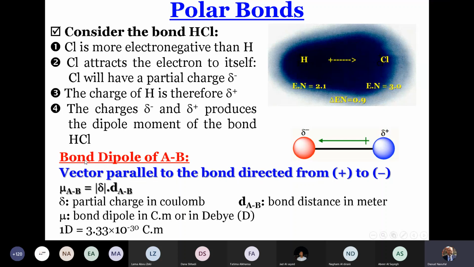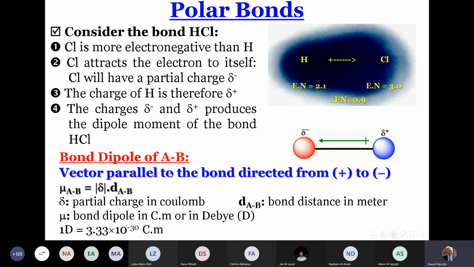The bond dipole of the bond AB is by convention a vector parallel to the bond directed from the positive pole to the negative. So in case of HCl, the bond dipole will be directed from hydrogen to Cl, since hydrogen has delta plus and Cl has delta minus.